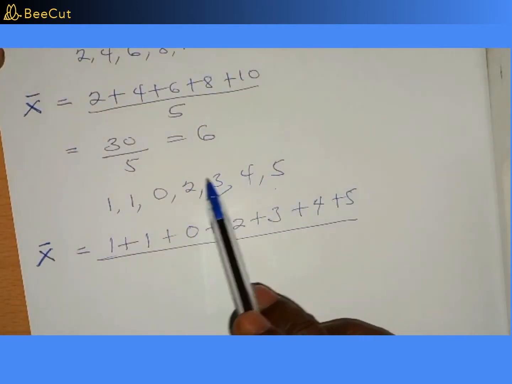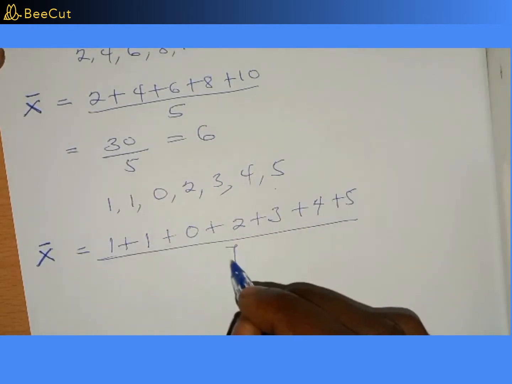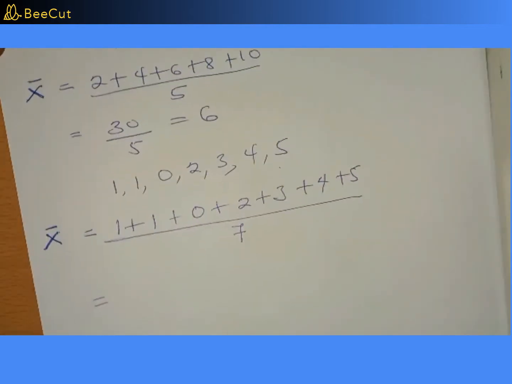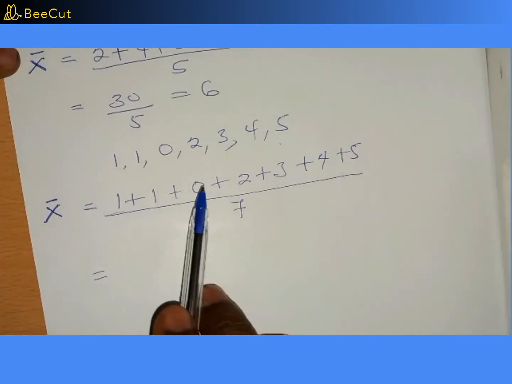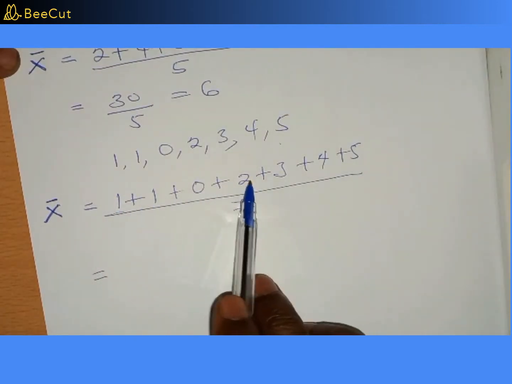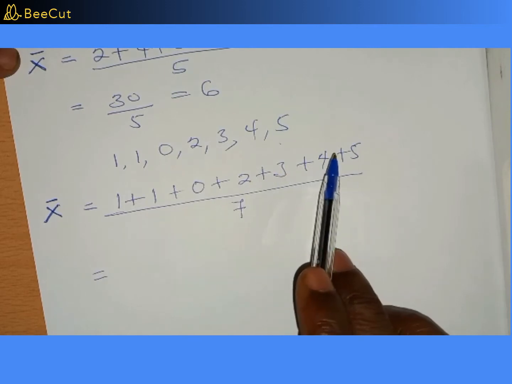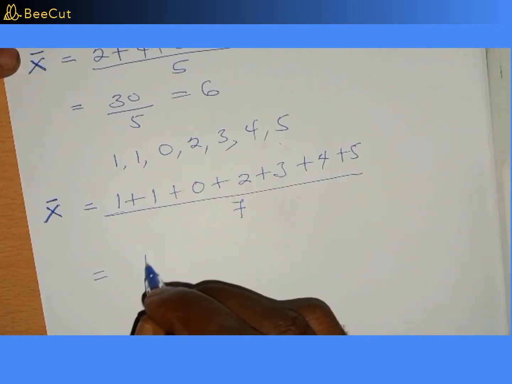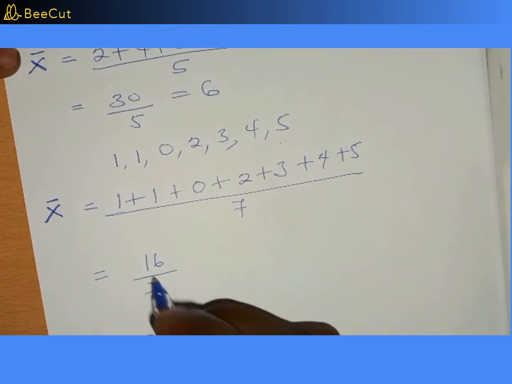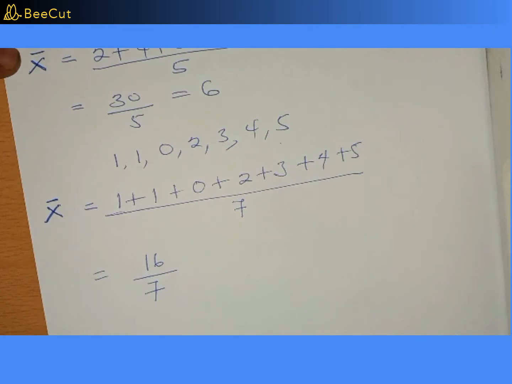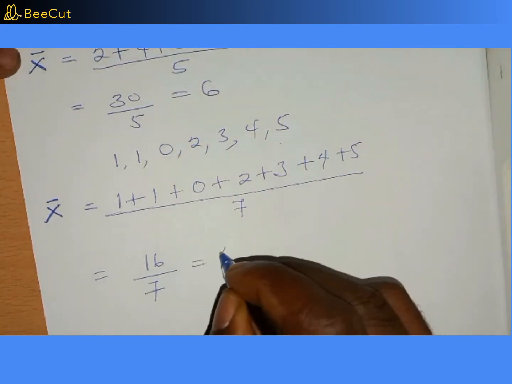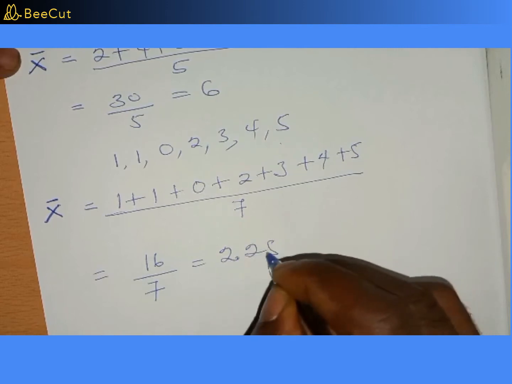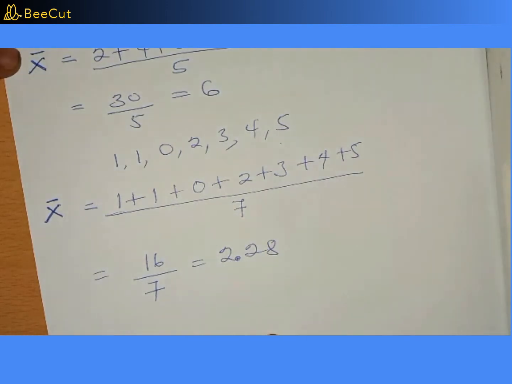We have 1, 2, 3, 4, 5, 6, 7, so all over 7. Then we sum them: 2 plus 0 is 2, plus 2 is 4, plus 3 is 7, plus 4 is 11, plus 5 is 16. So we have 16 over 7, which gives us 2.28. This is how we find the mean for a set of numbers.